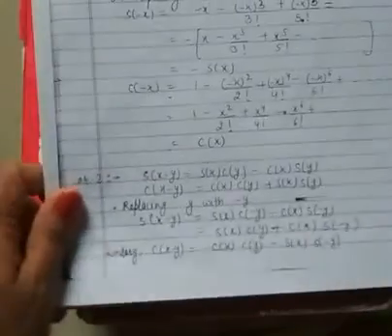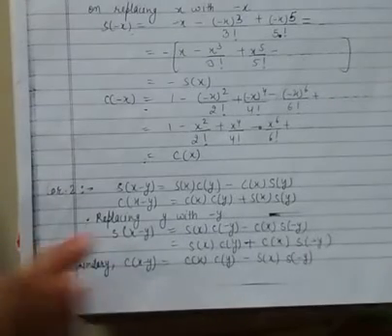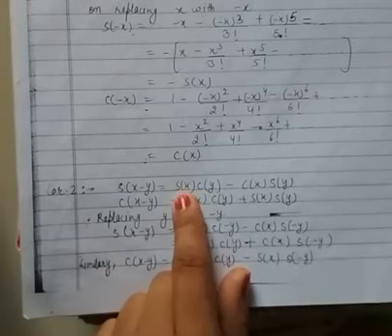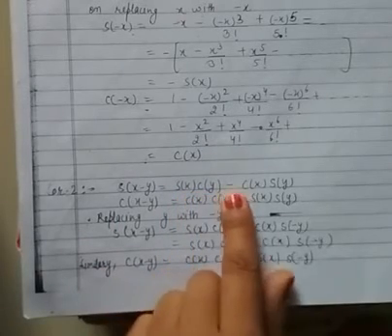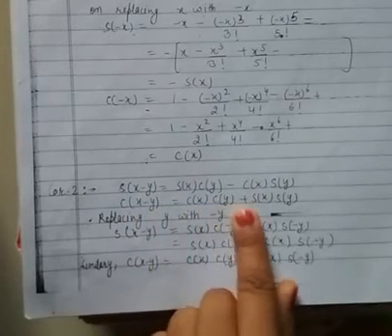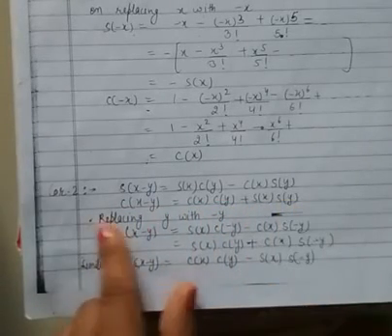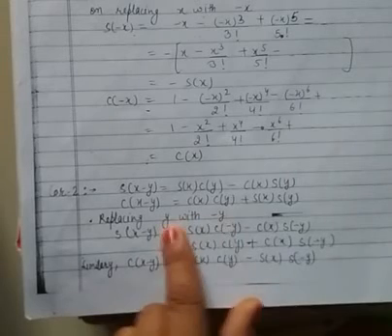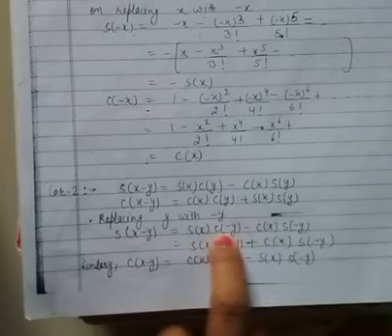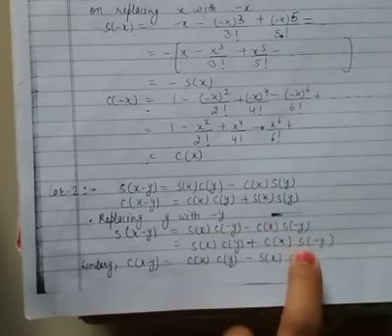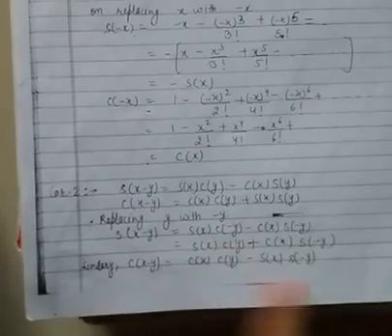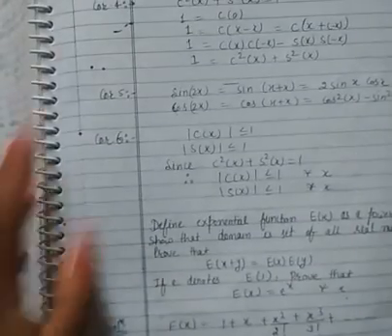Second corollary: sin of x minus y is sin x cos y minus cos x sin y. Similarly, cos of x minus y is cos x cos y plus sin x sin y. What you need to do is replace just y with minus y and you get the result, because sin of minus y is minus sin y and cos of minus y is cos y. So you get both these formulas.